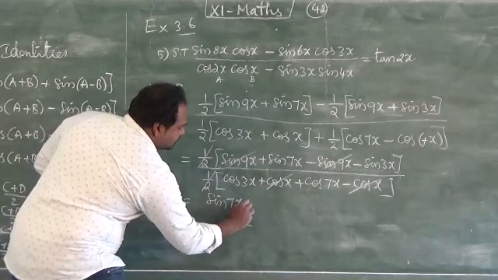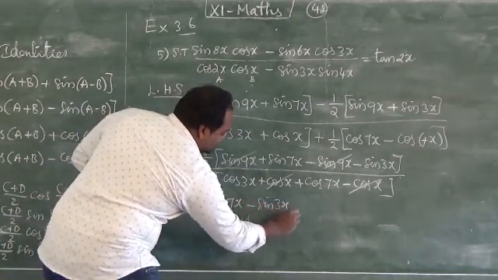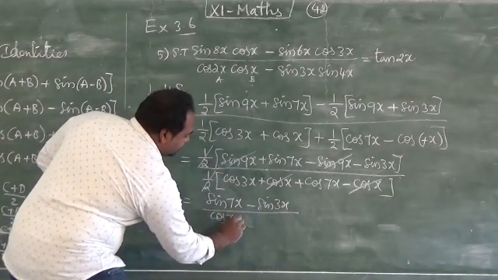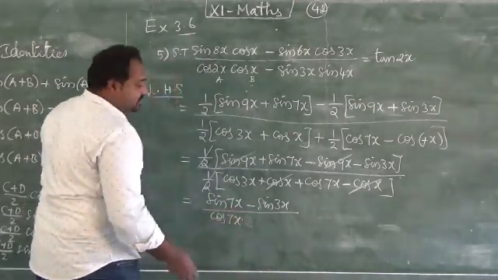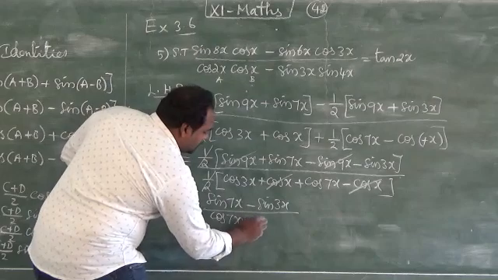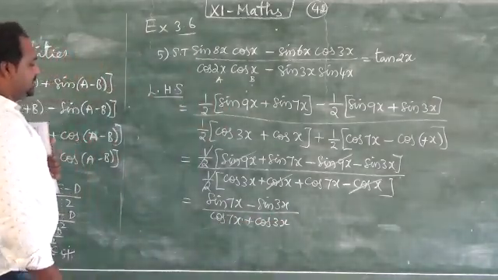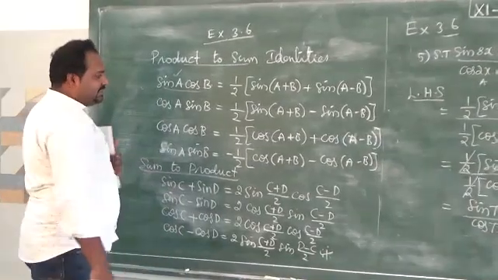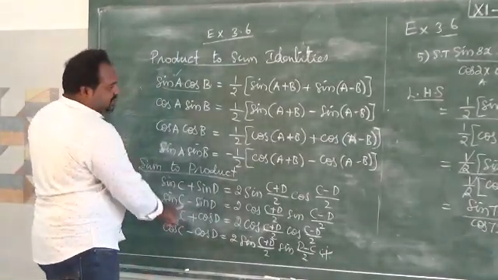sin 7x minus sin 3x whole divided by cos 7x plus cos 3x. Just write the bigger angle value first always. See, look at that. Again, next we come to the sum to product formula. We can select the sin C minus sin D formula, because here C is 7x, D is 3x.